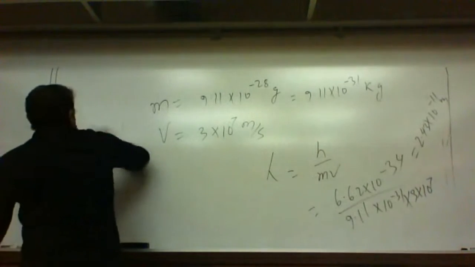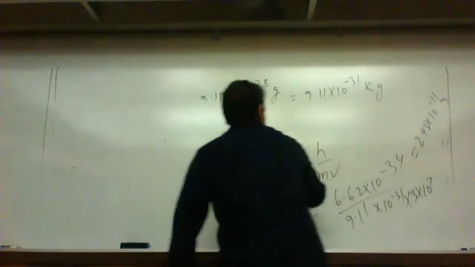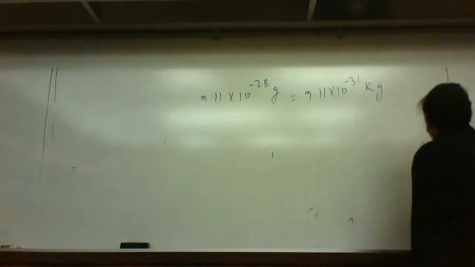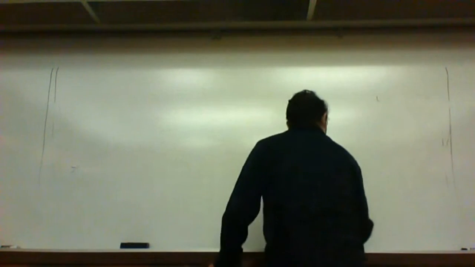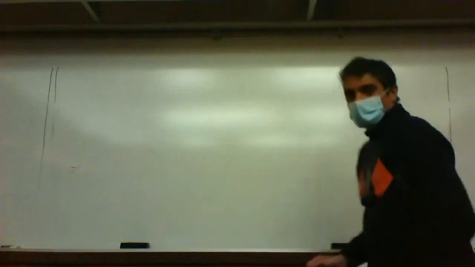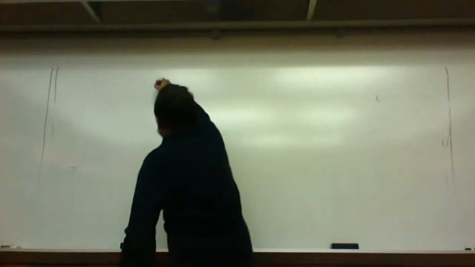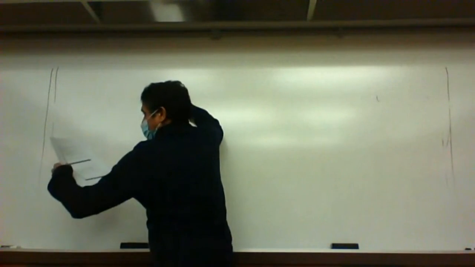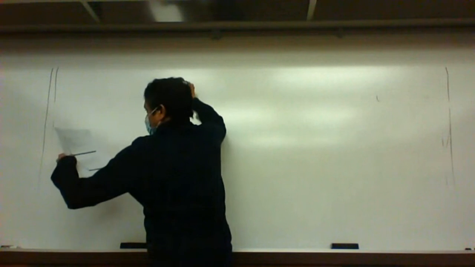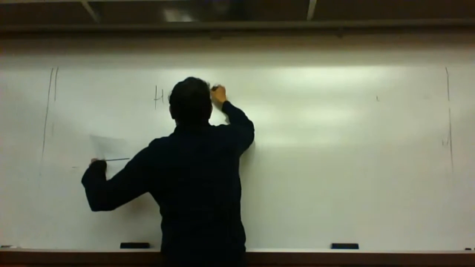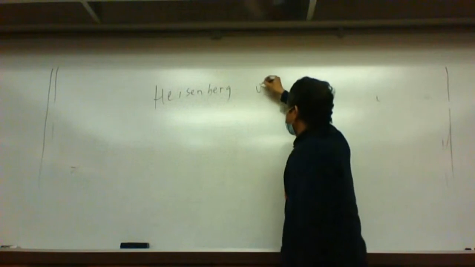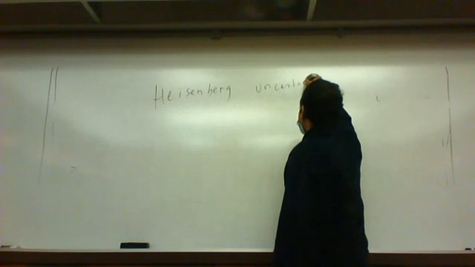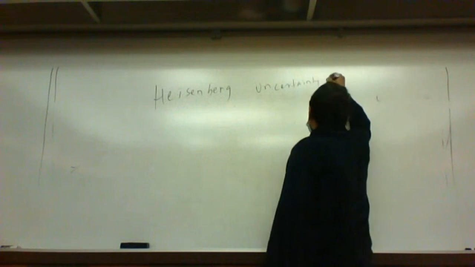Now, let's do one thing here. The Heisenberg uncertainty principle. This is Heisenberg, a German scientist, H-E-I-S-E-N-B-E-R-G. Heisenberg is the person who gave this principle, the Heisenberg uncertainty principle.